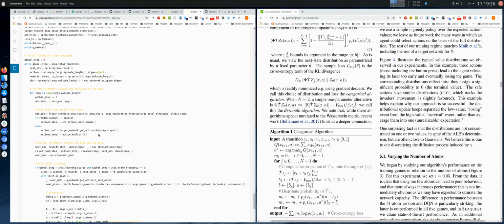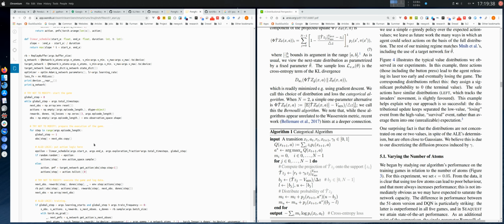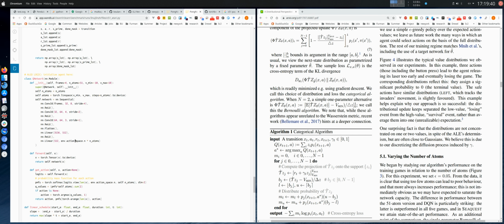And I think it's important to talk about how you generate the first action. So, given an observation array, this is what the neural network looks like.